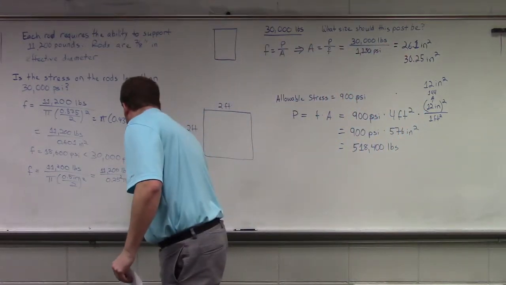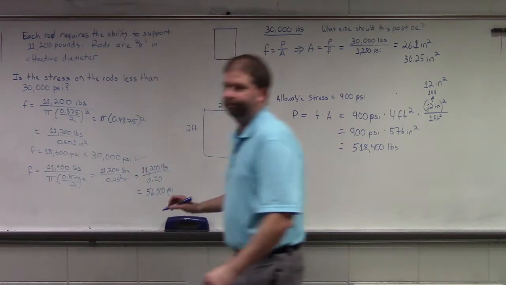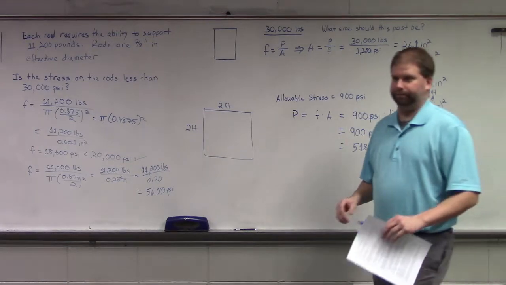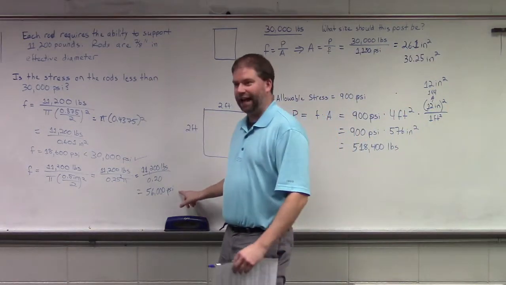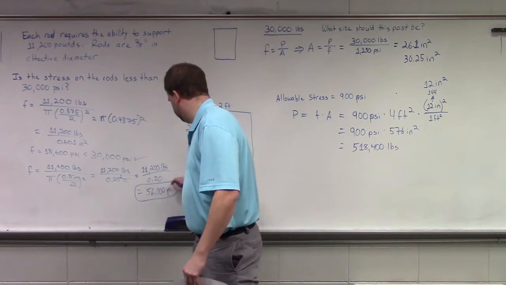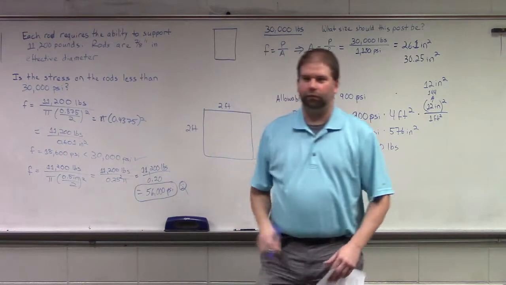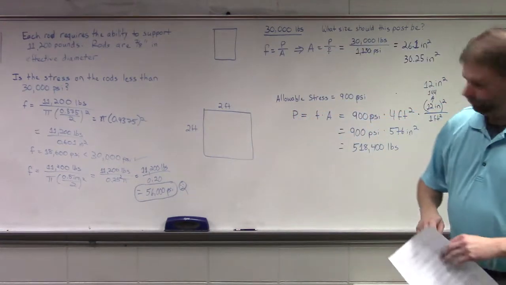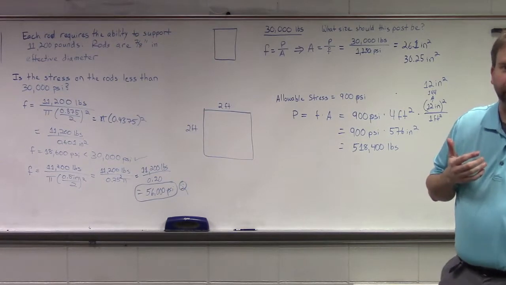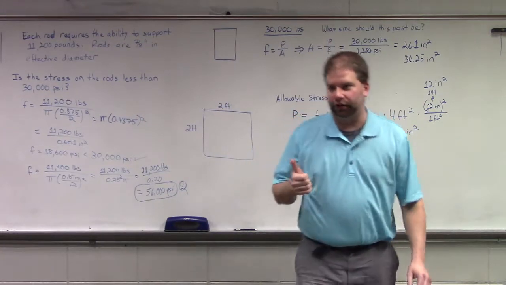So that gives us 56,000 PSI. Can't do it. Half inch is not a good idea. It's going to lead to a lot of frowny faces, especially frowny face lawyers, which we always want to avoid, right?